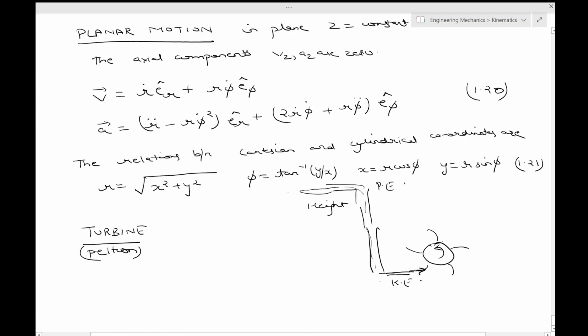Because of this rotation you can generate electricity. Just like the fan, you supply electricity and then it rotates, the other is also possible. If you are somehow able to mechanically rotate, you can generate electricity. You must be aware of these principles of electromagnetism. So this can be used in turbines.